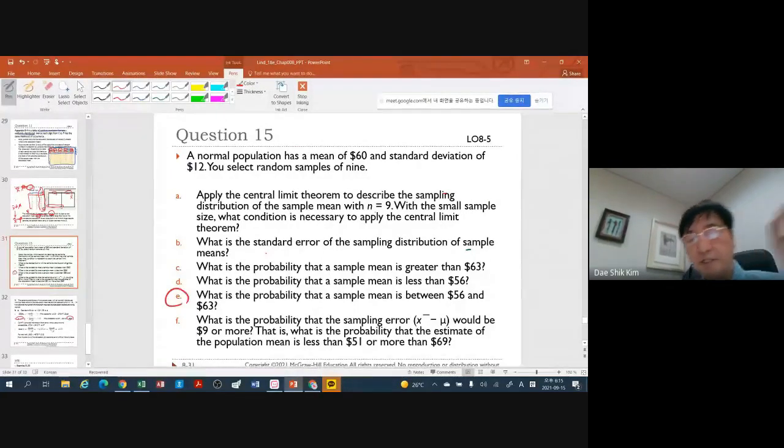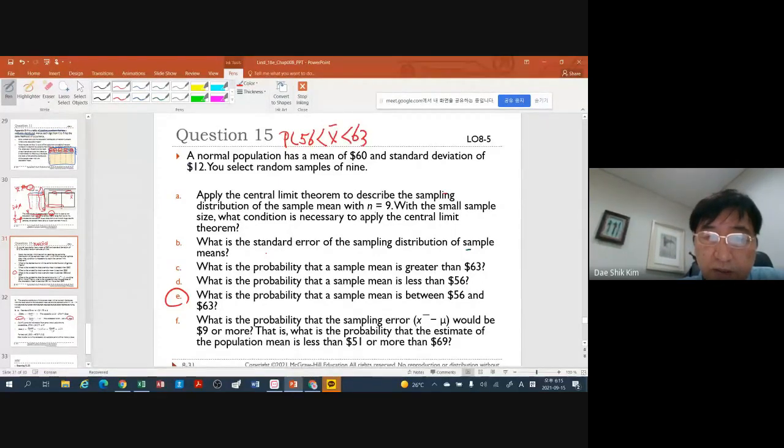E. What is the probability that a sample mean is between 56 and 63? The answer in the problem is P, 56 less than X bar, less than 63.